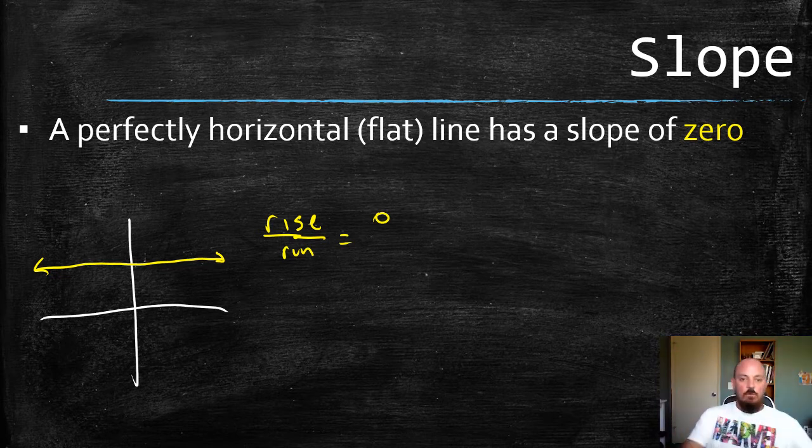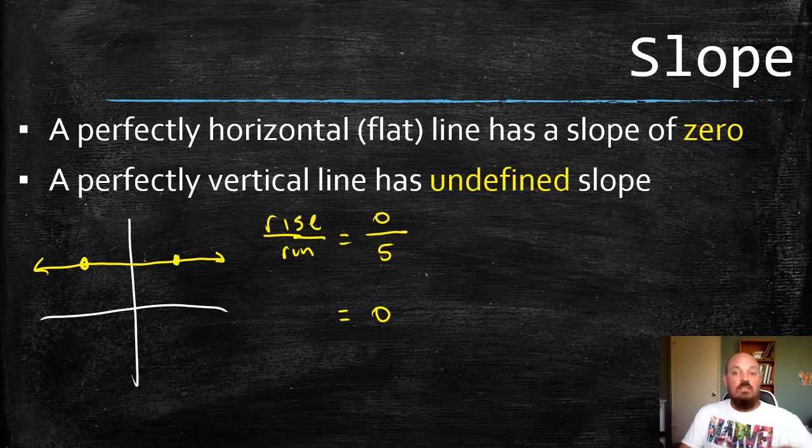Because remember, if I go from one point to another, let's say from this point here to this point here, it didn't go up or down at all, so the rise is 0. Now run doesn't matter, because 0 divided by any number is still 0. So let's say they were 5 spaces apart. When I do rise over run, I get 0 over 5, which is 0.